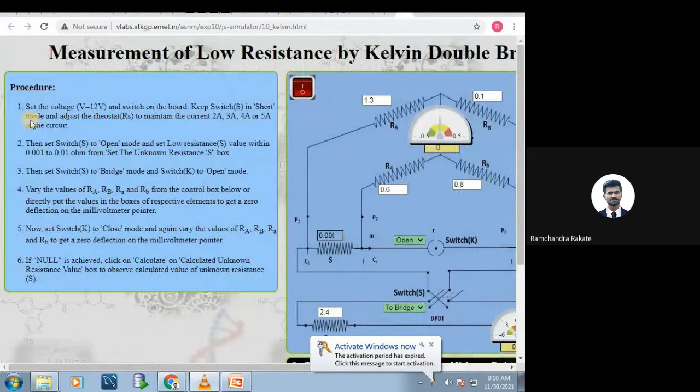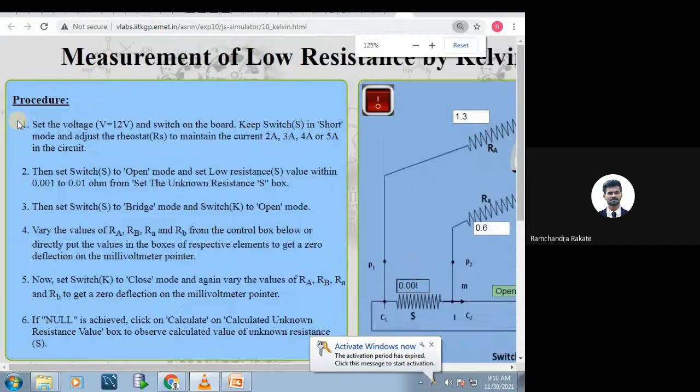Can anyone read out the first step of the procedure? First point. What is the first point? I will do it for you.